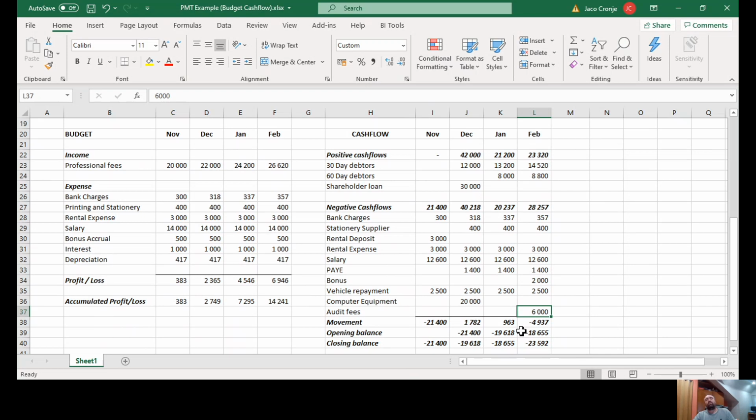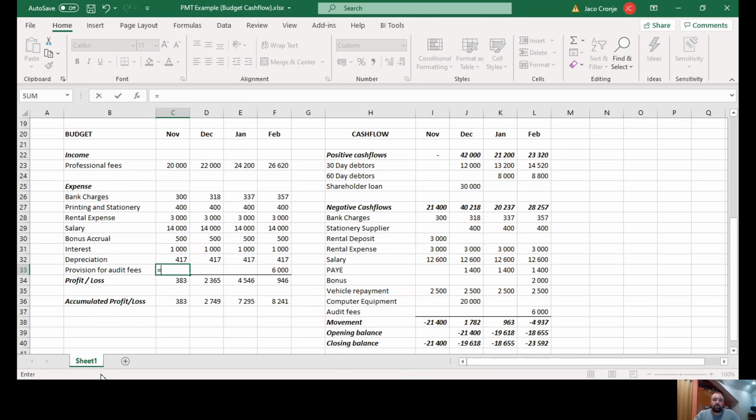But now again, your audit fees work very much the same as your bonus accrual. I don't pay audit fees in Feb because I traded only for Feb. I have audit fees because the auditor has to check my first 4 months of trading. So that means every month that I trade, I have to raise a provision for audit fees of 1/4 of the full amount that's going to be payable.